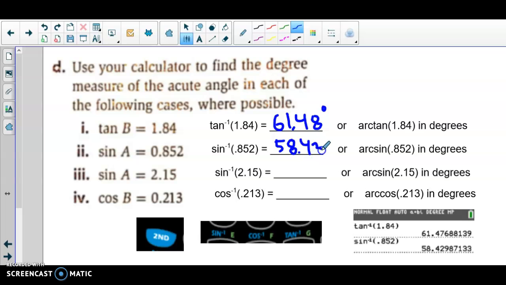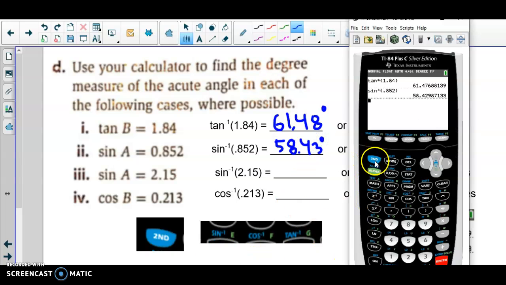Now notice when I try to do this one, I told you we were going to have a little bit of an issue. Arcsine 2.15, when I go to do that and I hit enter, it looks all good, but when I hit enter, I get an error. Let's see what my error is. It can't evaluate this.